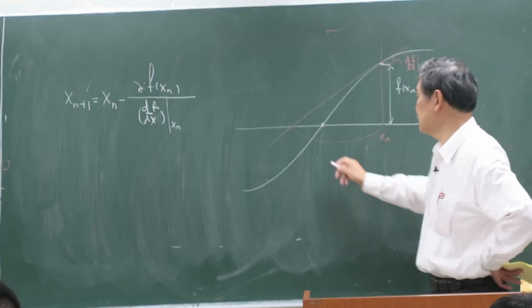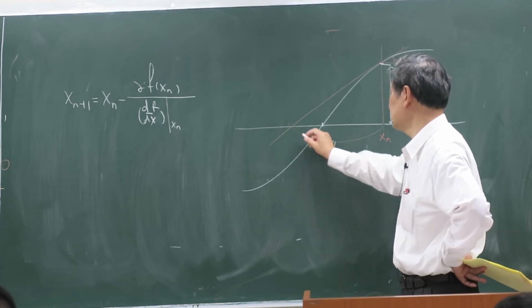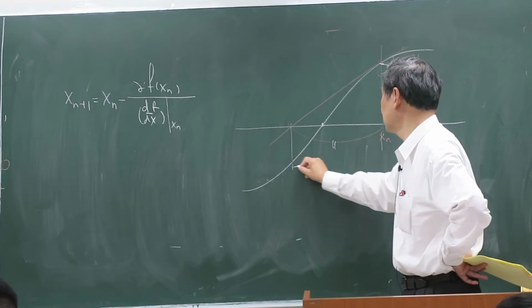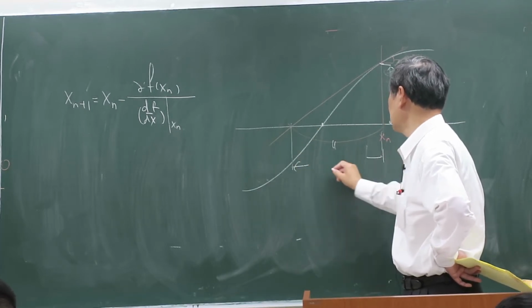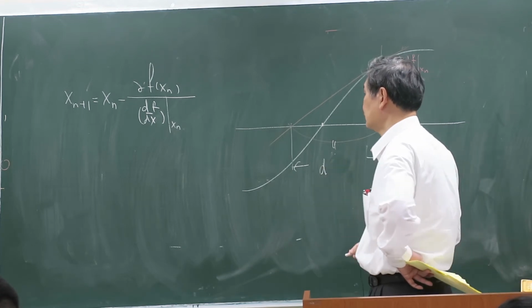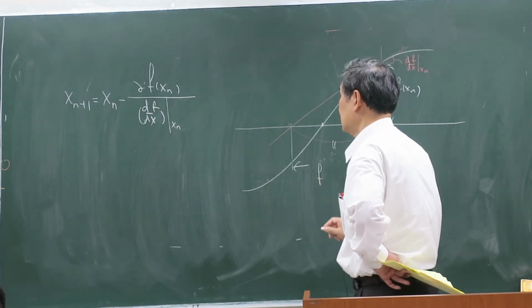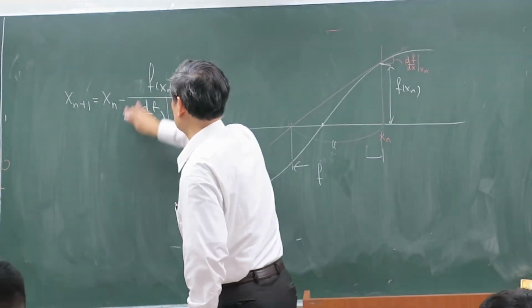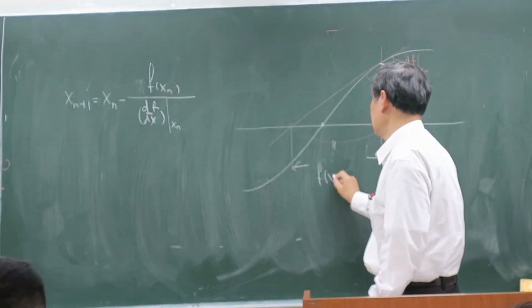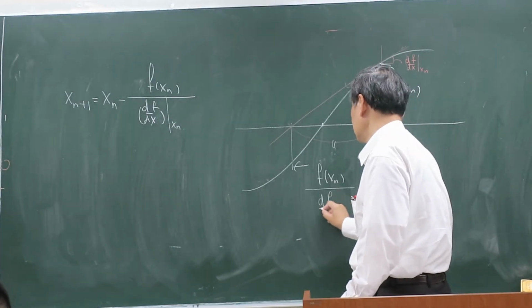So this value equals this value, which is the f value divided by the slope.